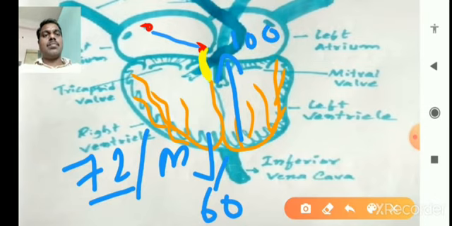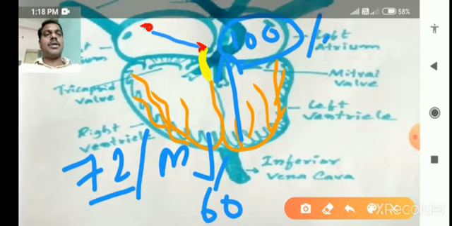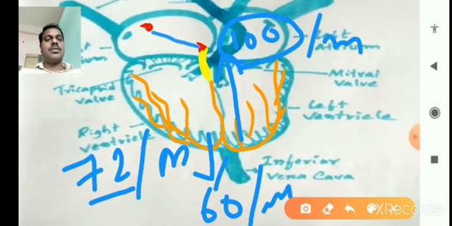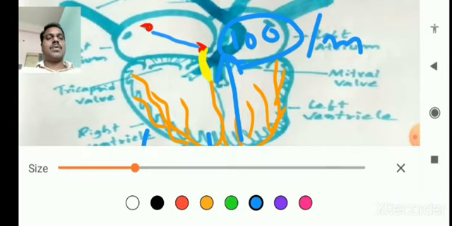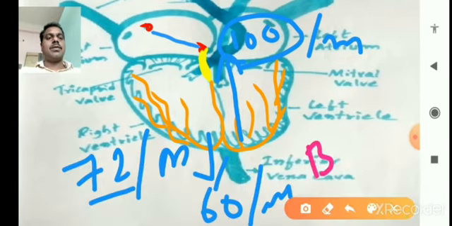The heartbeat increases above 100 per minute and decreases below 60 per minute. If the heartbeat is very slow, below 60 per minute, we call that bradycardia. Brady means slow, cardia means heartbeat, bradycardia, right?